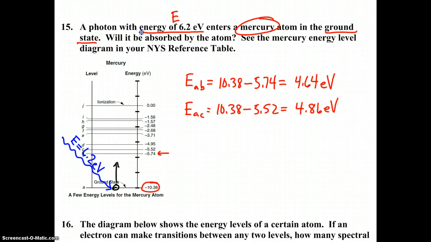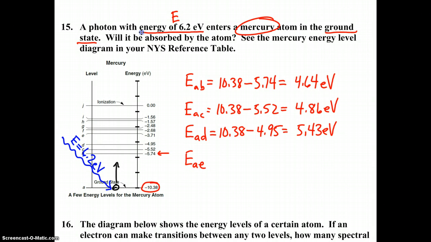Still not enough. Let's check A to D. 10.38 minus, in the D state, it would be 4.95 equals, pause if you need time to calculate, 5.43 electron volts. Still not enough.